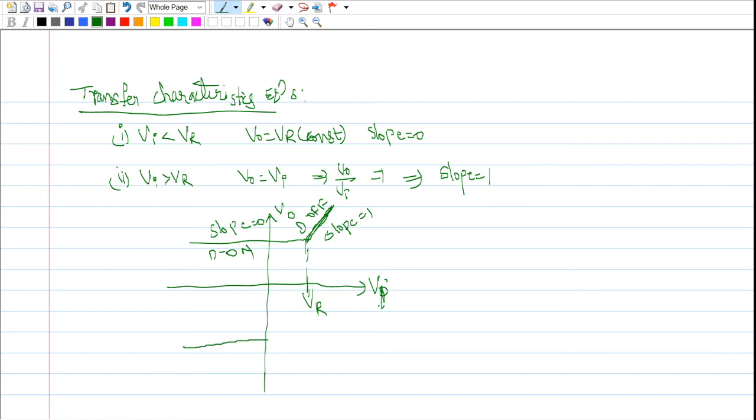When we apply the input signal, a sinusoidal signal, this complete part is a clipped part, so we can get this part only. Negative clipper.